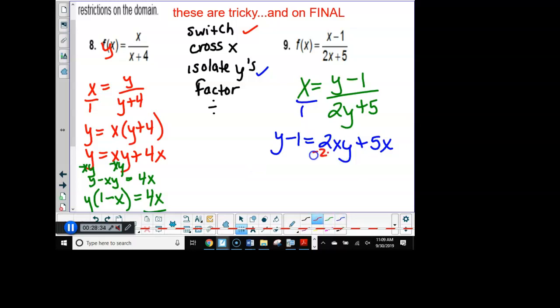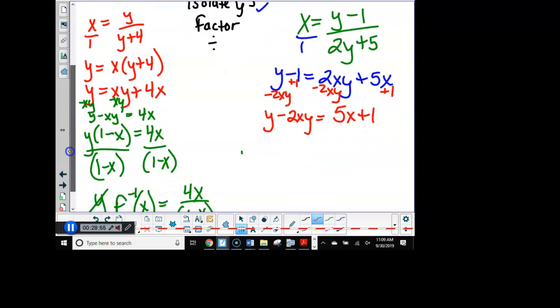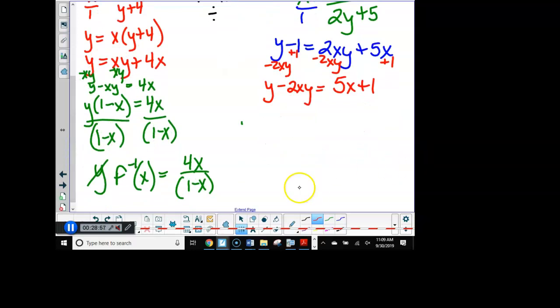Okay, subtract the 2xy over to this side. And I need to add the 1 back over with the 5x, okay? So I end up with y minus 2xy equals over here a 5x plus 1. And then factor out the y.